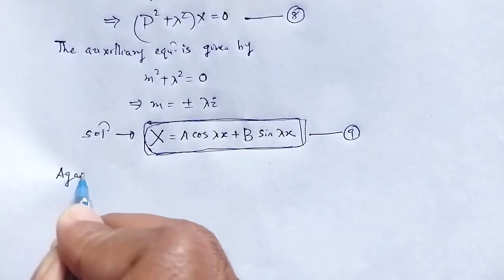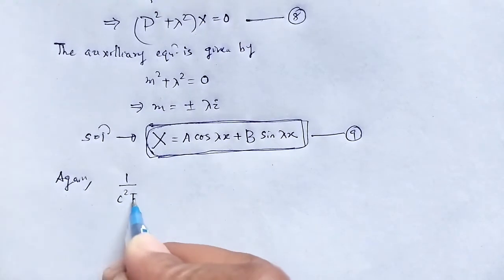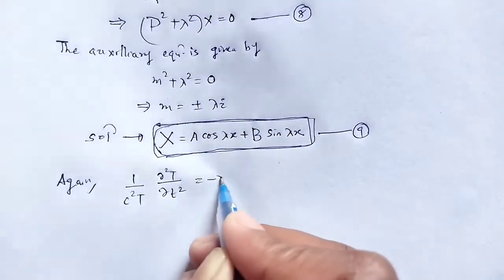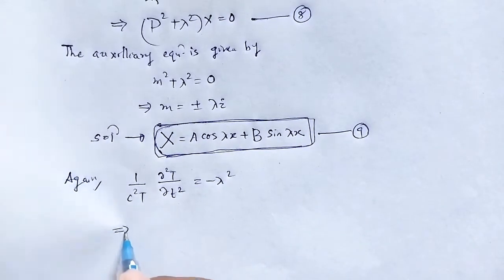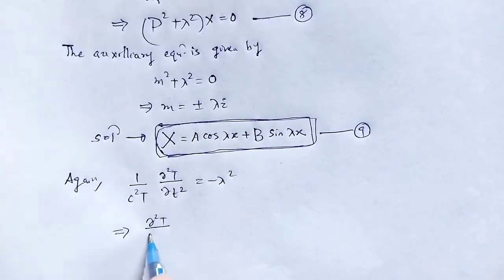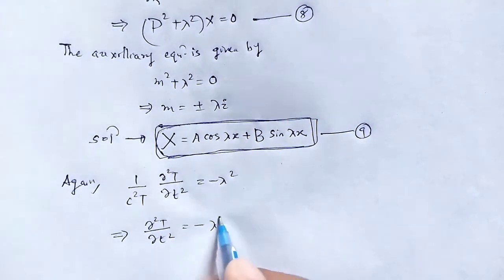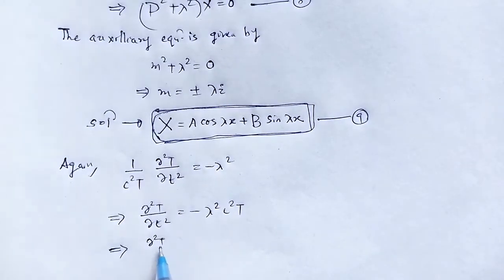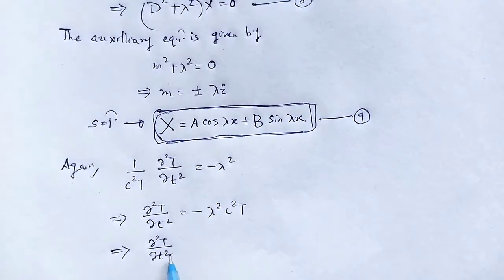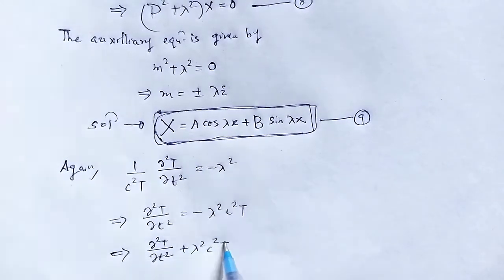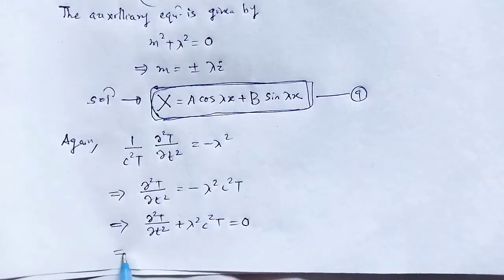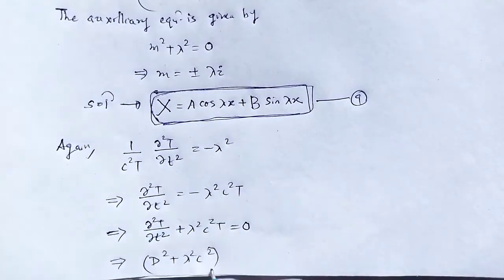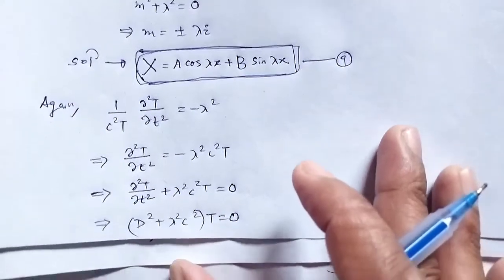Again 1 by c square T del 2T del t2 is equal to minus lambda square, which implies del 2T del t2 is equal to minus lambda square c square T, which implies del 2T del t2 plus lambda square c square T is equal to 0, which implies D square plus lambda square c square T is equal to 0.